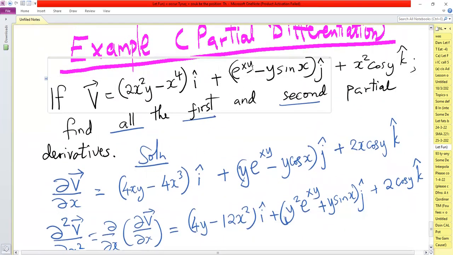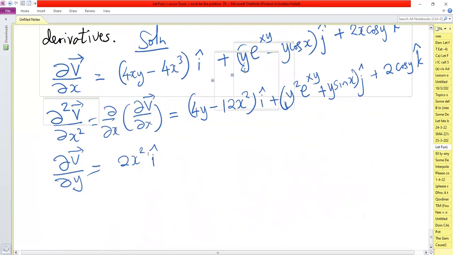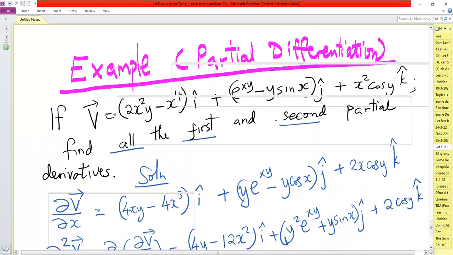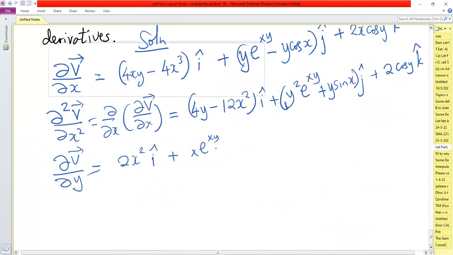And then here, x is a constant. So by chain rule, x e raised to xy. And then this part here will get minus sin x. So this will be the component of j.